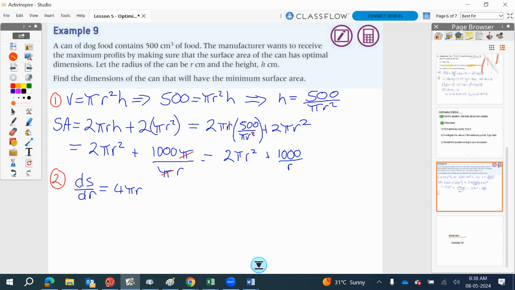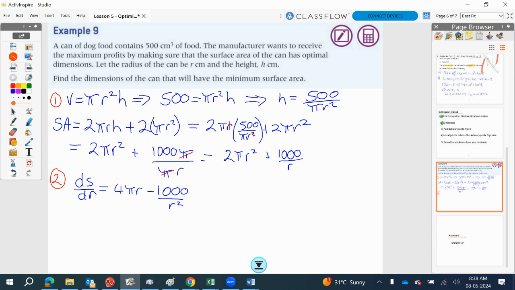If we derive it, I'm doing it in one step this time. If you rearrange it, it would be 1,000 r to the minus 1. If you derive that, it would be minus 1,000 over r squared. You should be able to derive terms like this in one step. So this is the derivative.